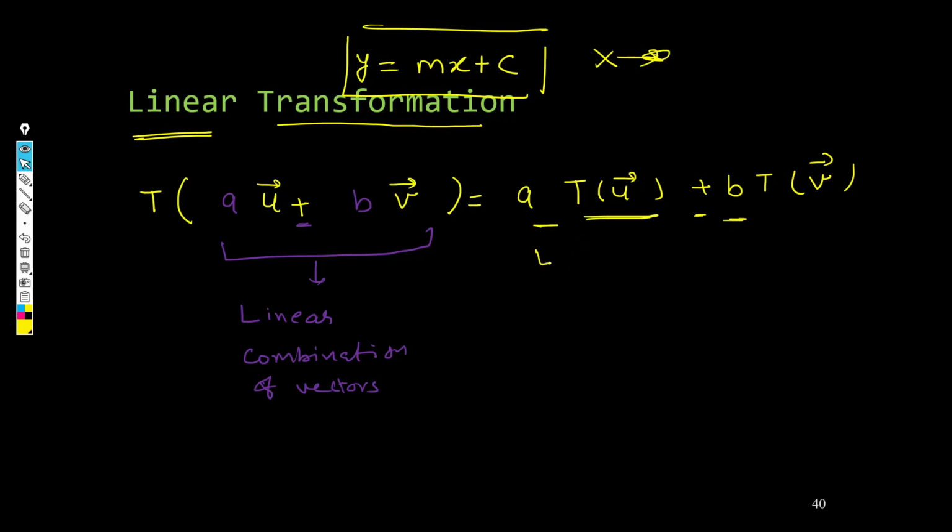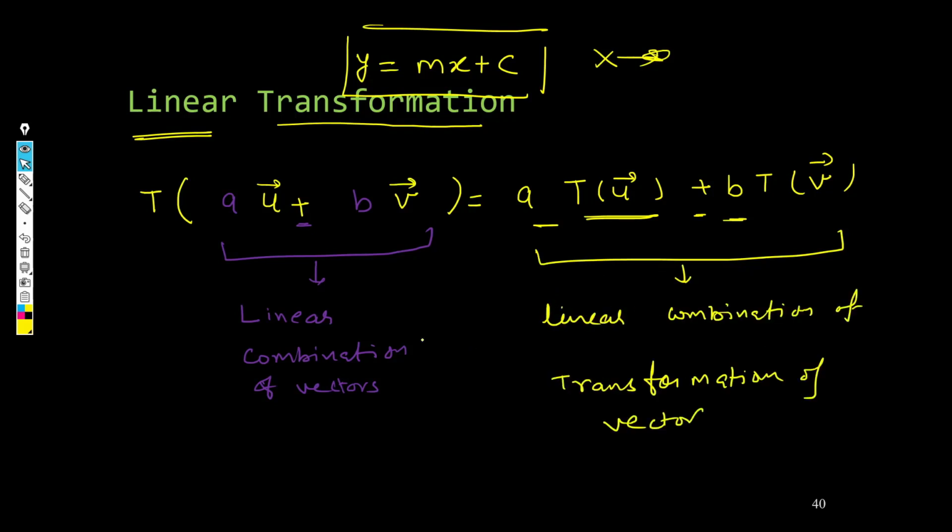I hope you are getting it. So this term right here on the right hand side is a linear combination of transformations of vectors. And the entire term on the left hand side would be the transformation of a linear combination of vectors. So in whatever order you do, if you apply the transformation first, then do the linear combination, or if you do the linear combination first, then do the transformation, it is the same.